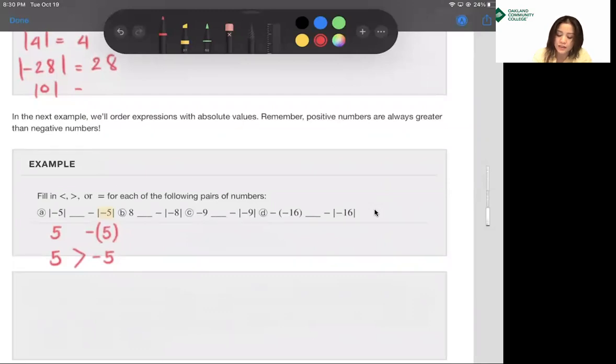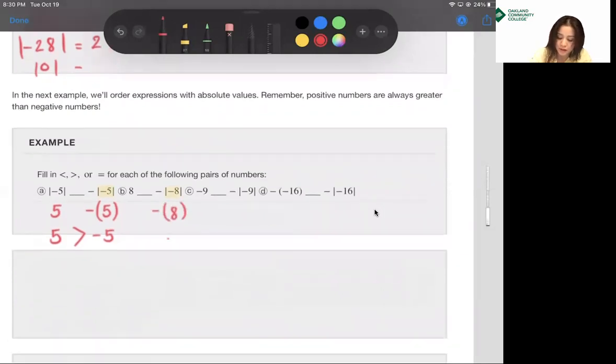I have 8 on the left, and I have negative absolute value of -8. Similarly, we work from inside out. On the right side, I'm going to evaluate the absolute value of -8 first. That gives me +8. And then there's a negative outside, so that will be -8.